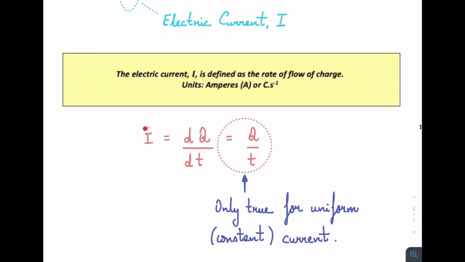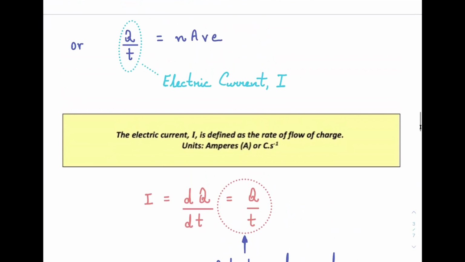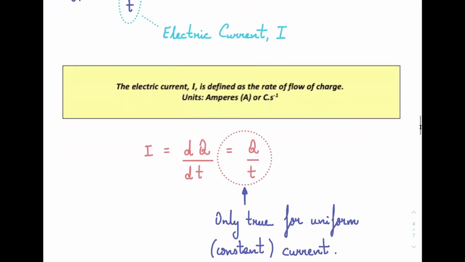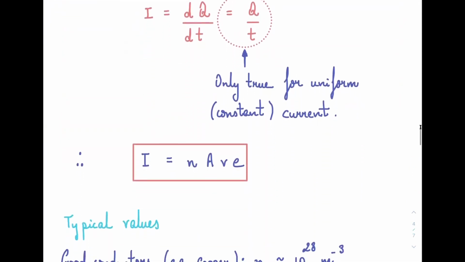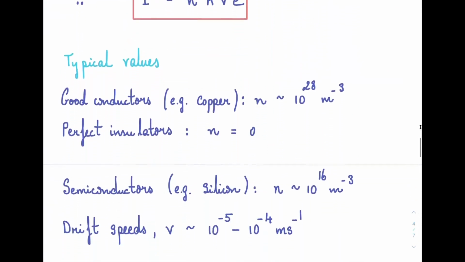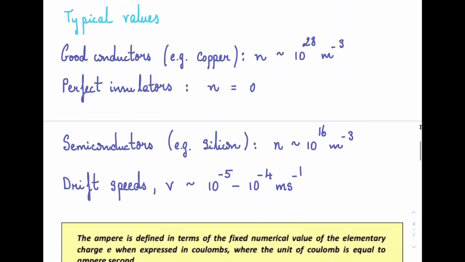So I, the constant current, is Q on t. So you may easily see that in the equation we have derived, the quantity Q on t is equal to the electric current I. So the final equation is I is equal to nAve. For the sake of the exam, you may be asked to derive this equation.